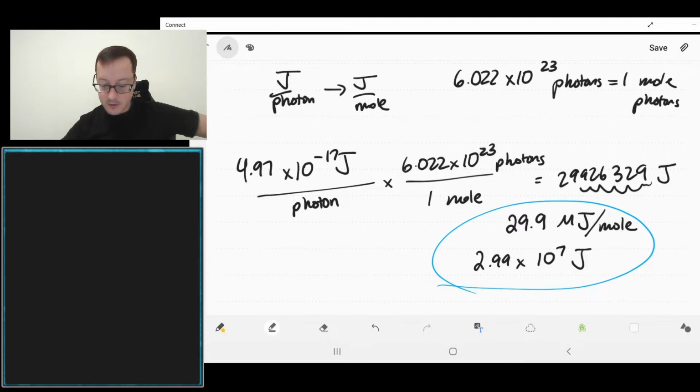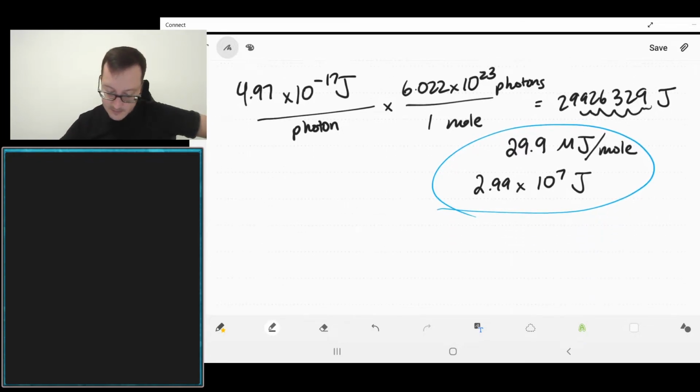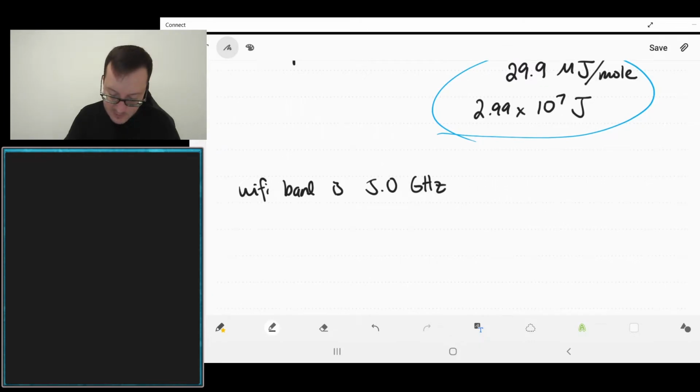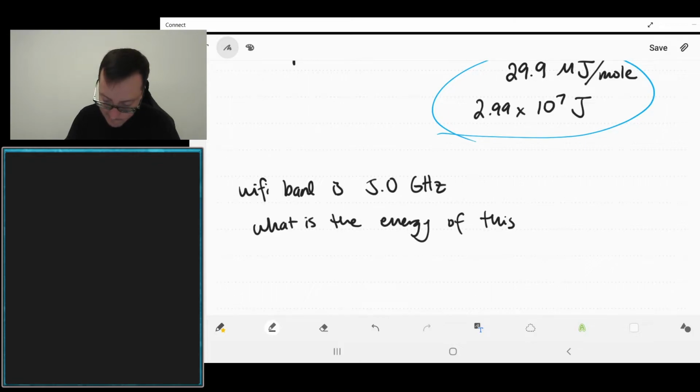So you can do all sorts of fun things. Here's one: the Wi-Fi band is 5 gigahertz. What is the energy in joules per mole? What's 1 mole of Wi-Fi waves coming at us?